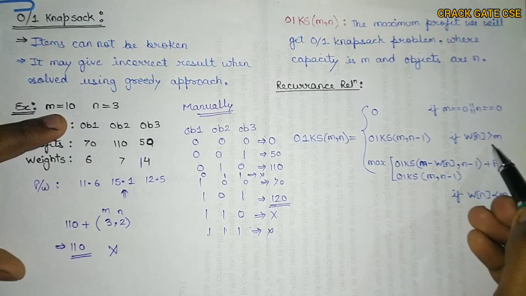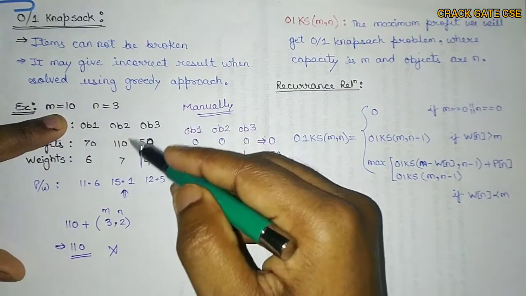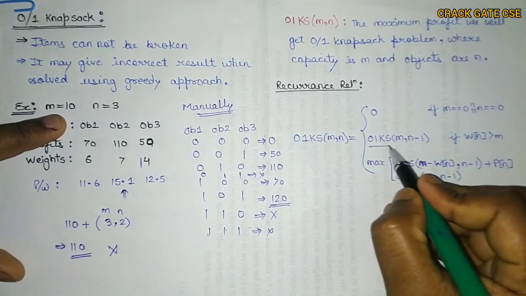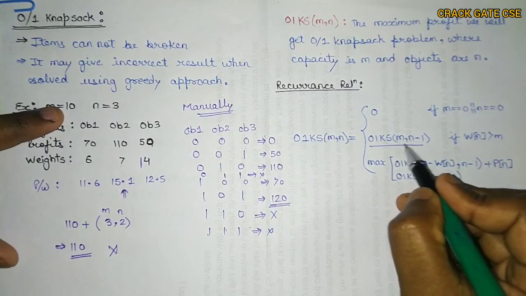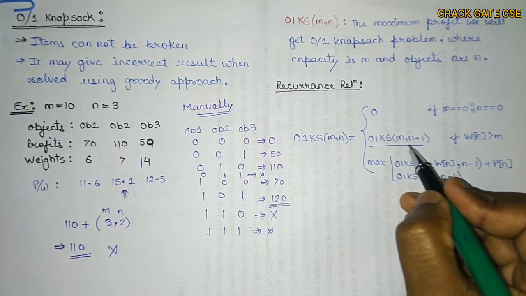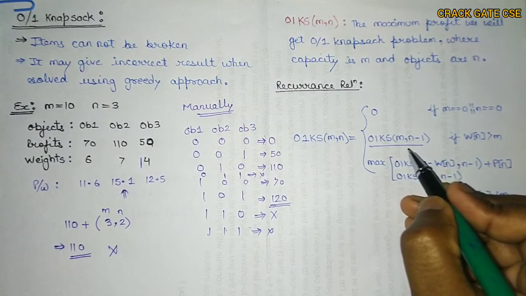That means I cannot take it, so I will just ignore this object from the input. That is what I did here: 10 comma 2, because I am ignoring object 3 since its weight is more than the capacity, and in 0/1 knapsack it is not allowed to take a fraction, so I am completely leaving it.